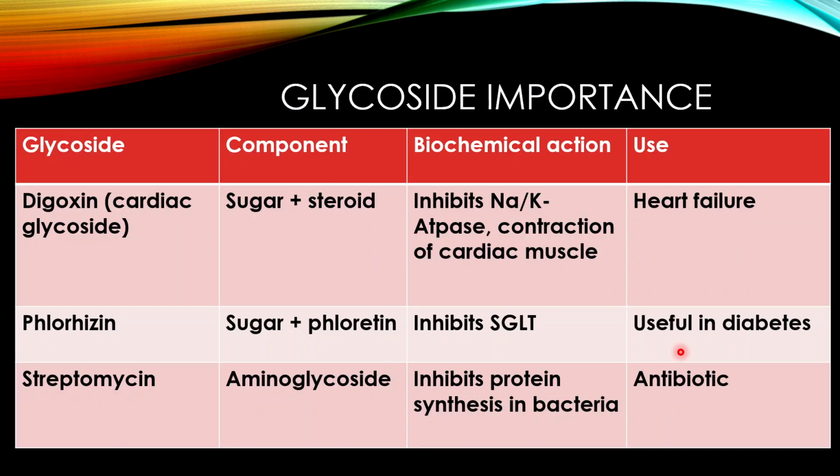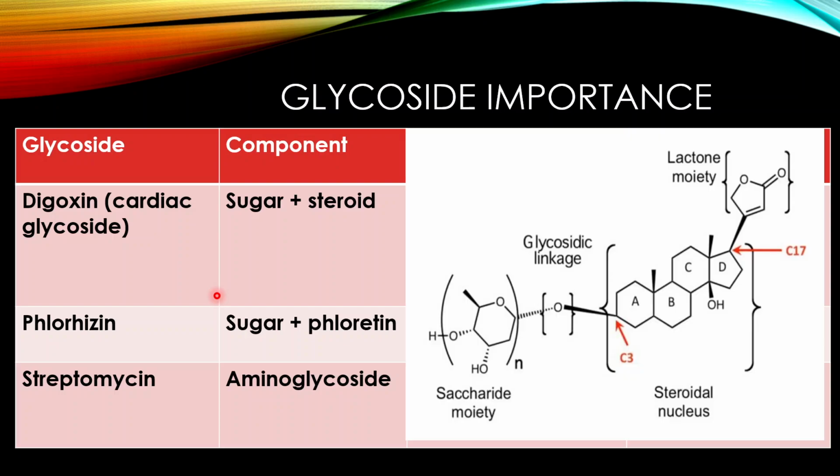Now let's look at glycosides which are of biomedical importance. The first one is digoxin. Digoxin is also known as a cardiac glycoside. Why is it called a cardiac glycoside? Because digoxin is a drug which improves the function of cardiac muscle. If we look at digoxin, this is the hydroxy group which is present in the hemiacetal structure of glucose.